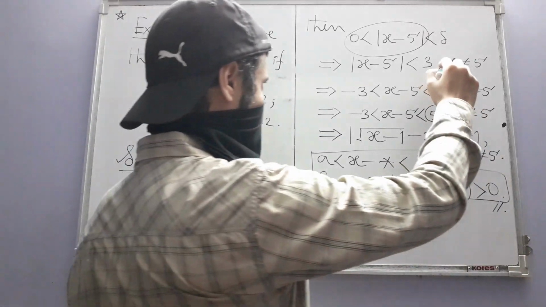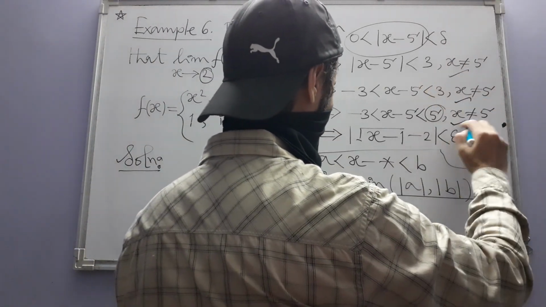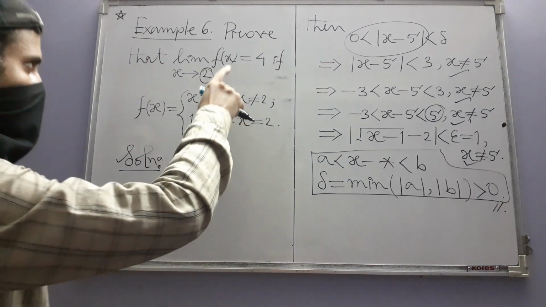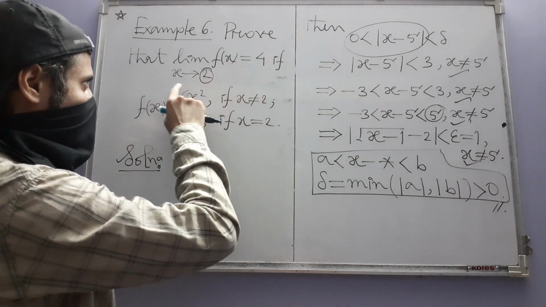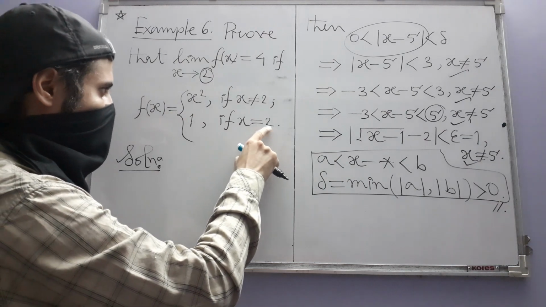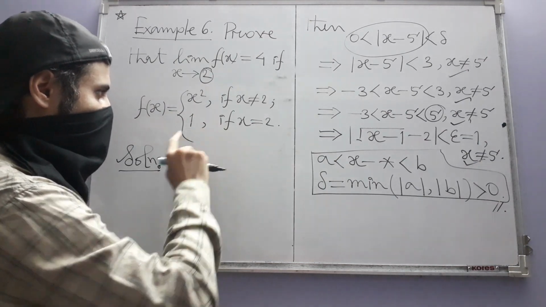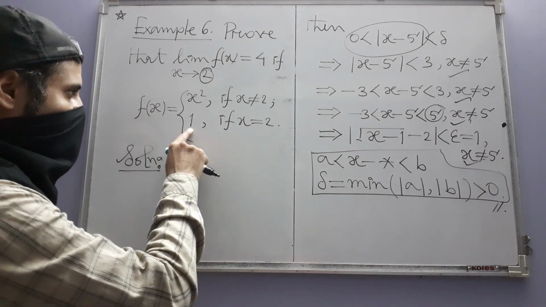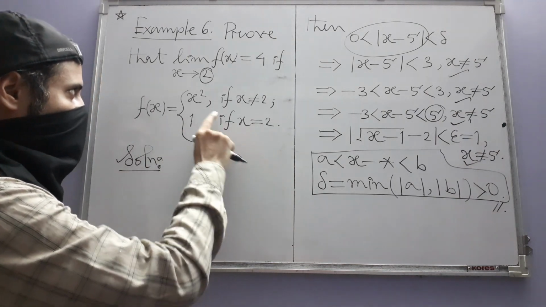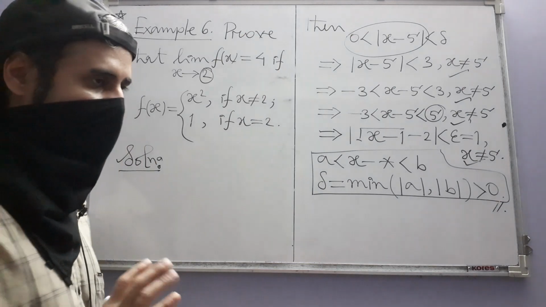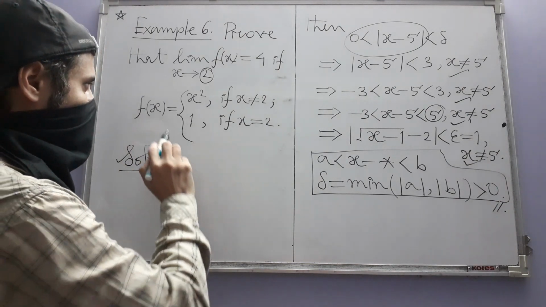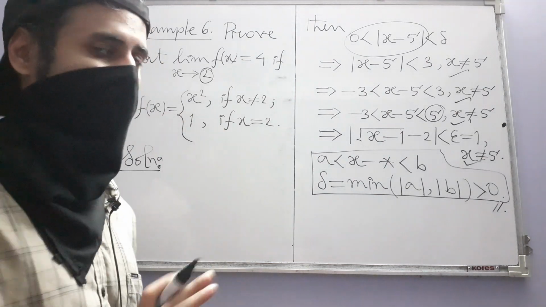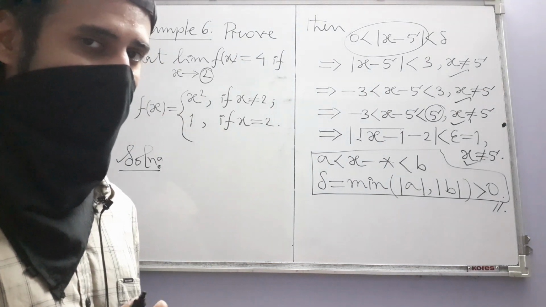In fact, that's why you see we keep having this condition. So just like that here also, what goes on at x equal to 2 does not matter. The function has value 1 when x is 2, but that has nothing to do with the limit. So actually we are just working with the function f(x) equal to x squared.